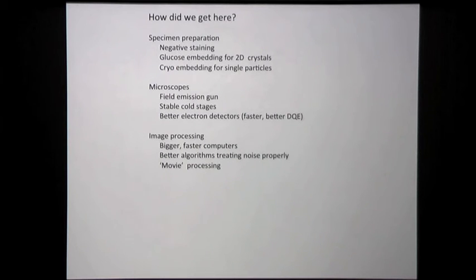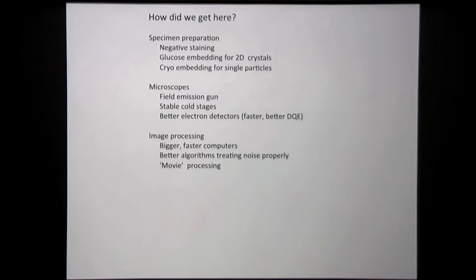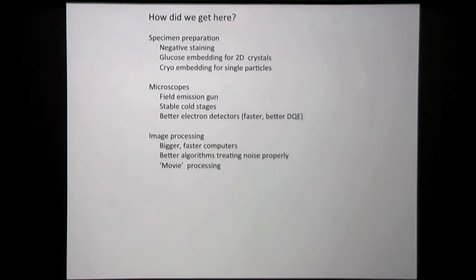For microscopes, well, field emission guns are much brighter and more coherent, so you get better images. Much better stable cold stages. They don't drift nearly as much as they used to. You want to eliminate, obviously, specimen movement while you're recording your image, because if the specimen is moving while you record it, it blurs. That's a problem.